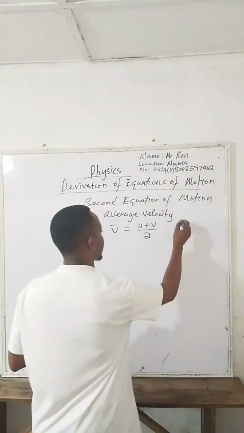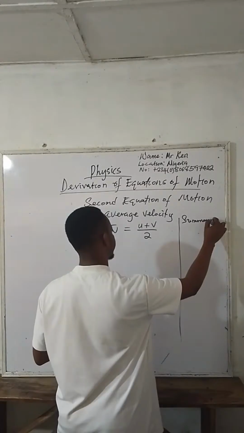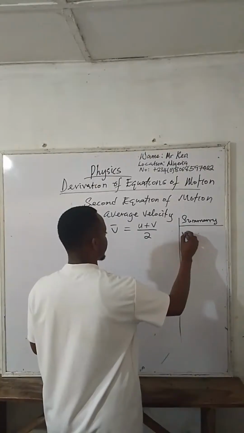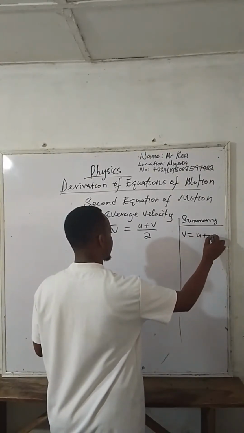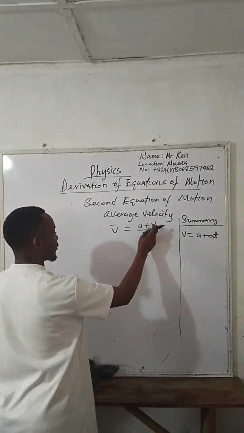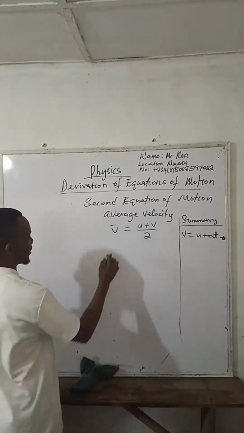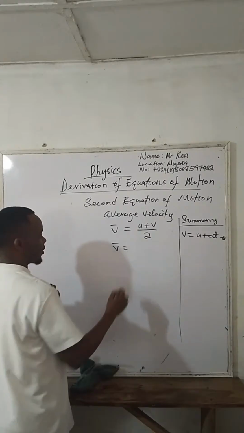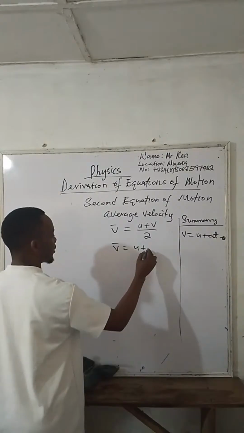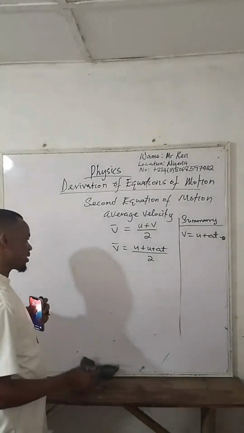And you recall, let's get our summary. The first equation of motion is v equals u plus at. So I'll replace it here. I get u plus at all over 2.